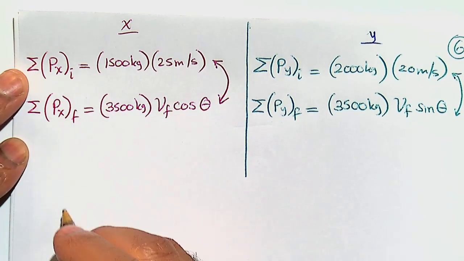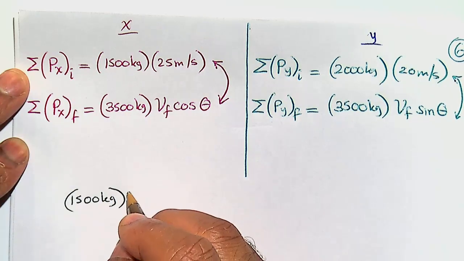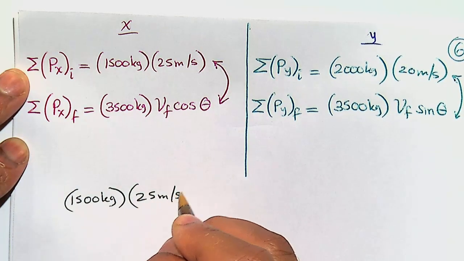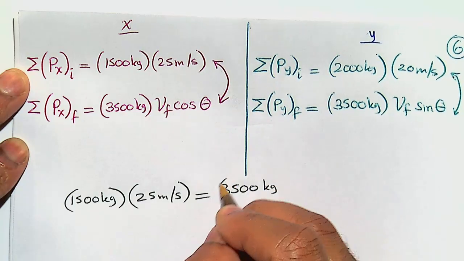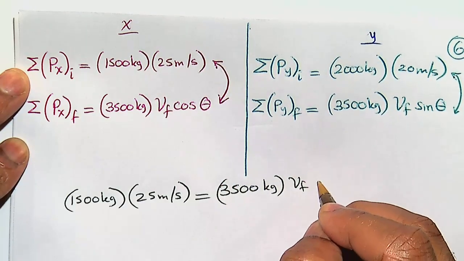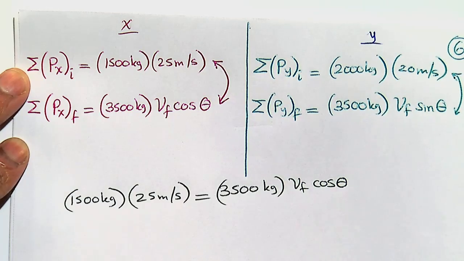What we're saying is that 1,500 kilograms times 25 meters per second has to equal 3,500 kilograms Vf cosine of theta. And this is also true.